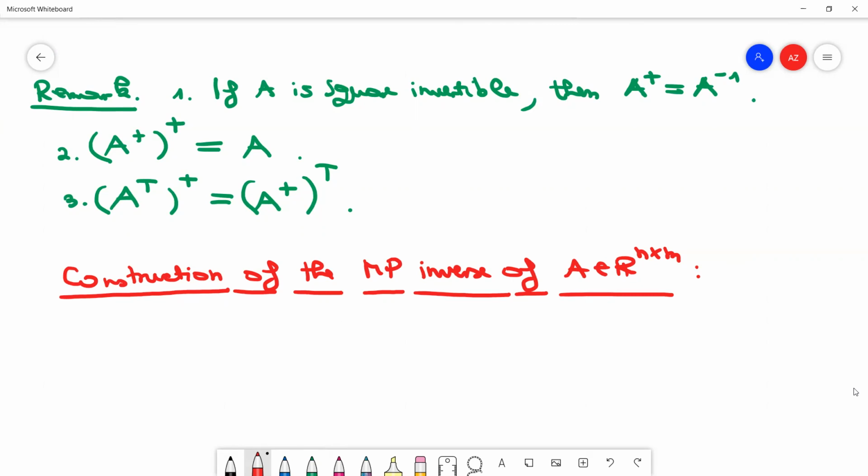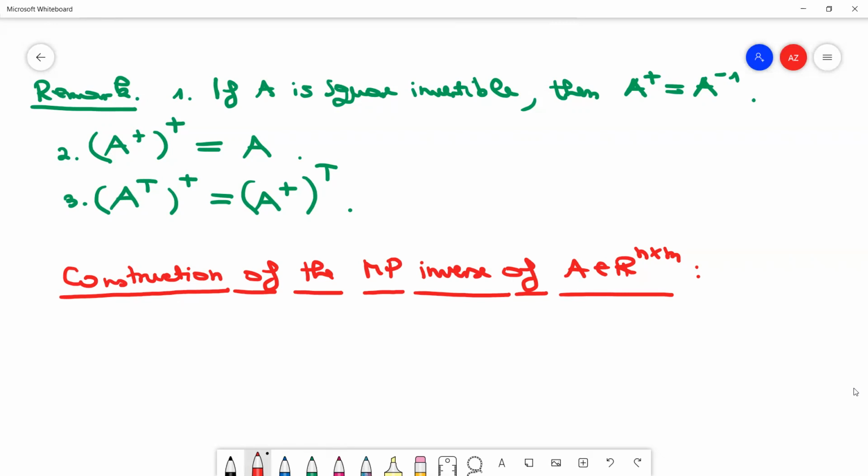But calculation of the general Moore-Penrose inverse will require the singular value decomposition of A. And if possible, we don't want to calculate the whole singular value decomposition, because it requires calculating eigenvalues.